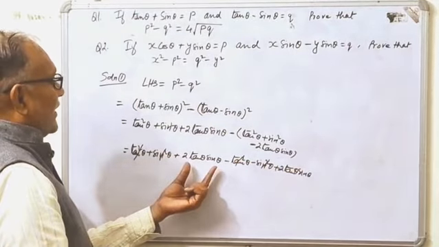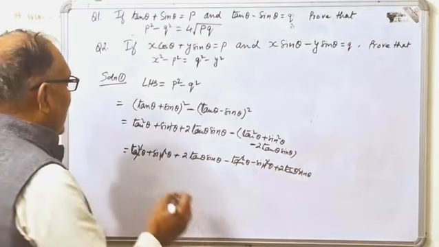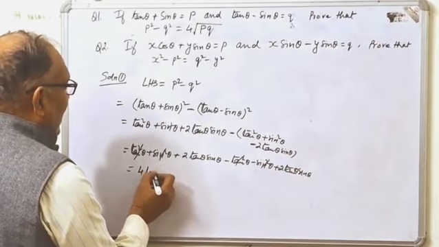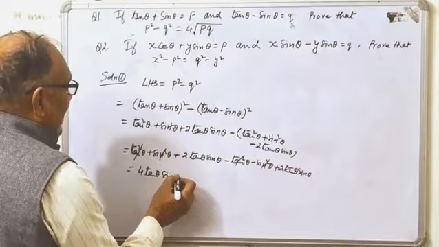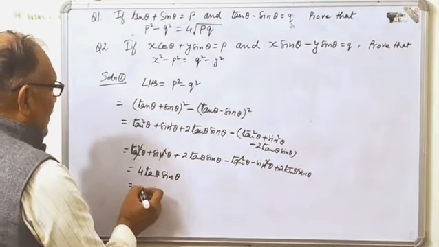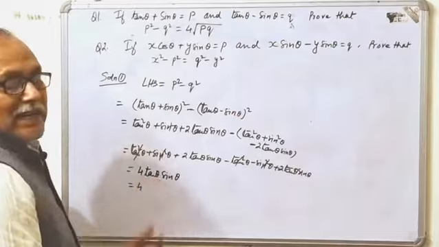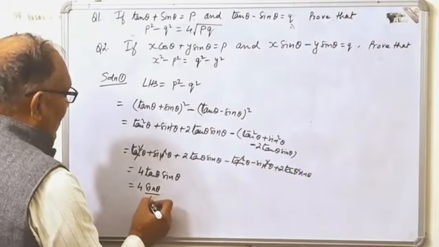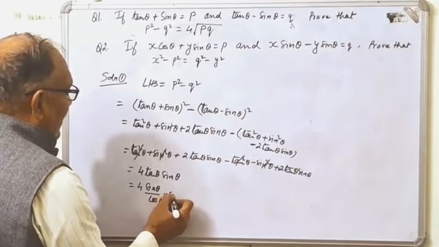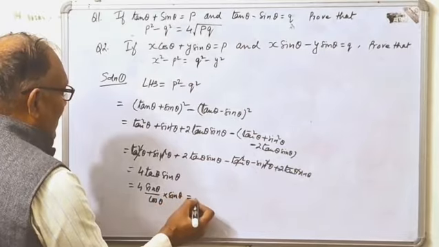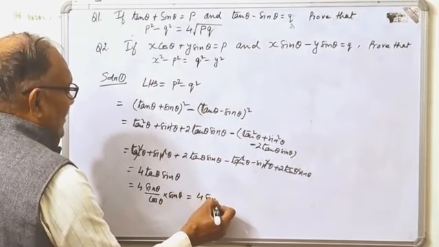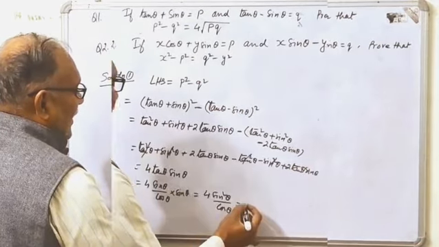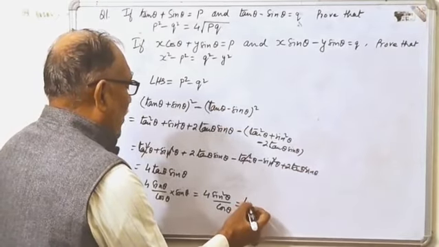Now 2 sin theta tan theta and 2 tan theta sin theta will add up to give 4 tan theta into sin theta, which is equal to, now you can put tan theta as sin theta upon cos theta. So sin theta upon cos theta into sin theta, which is equal to 4 sin square theta upon cos theta.